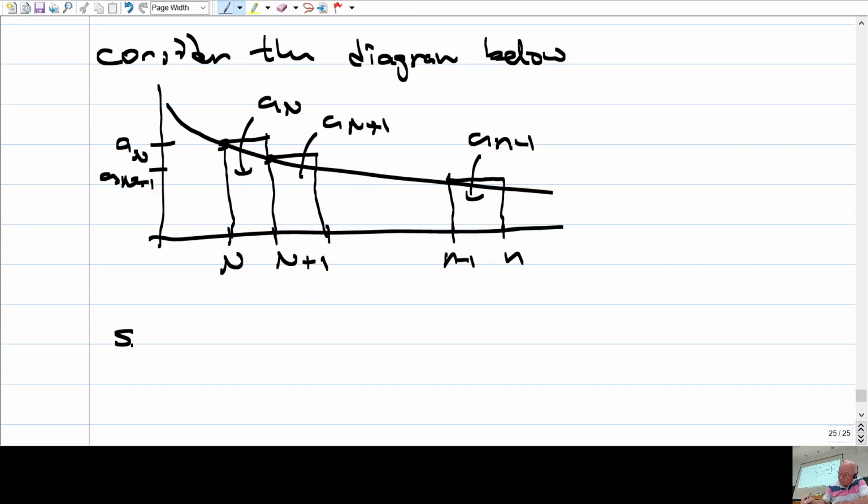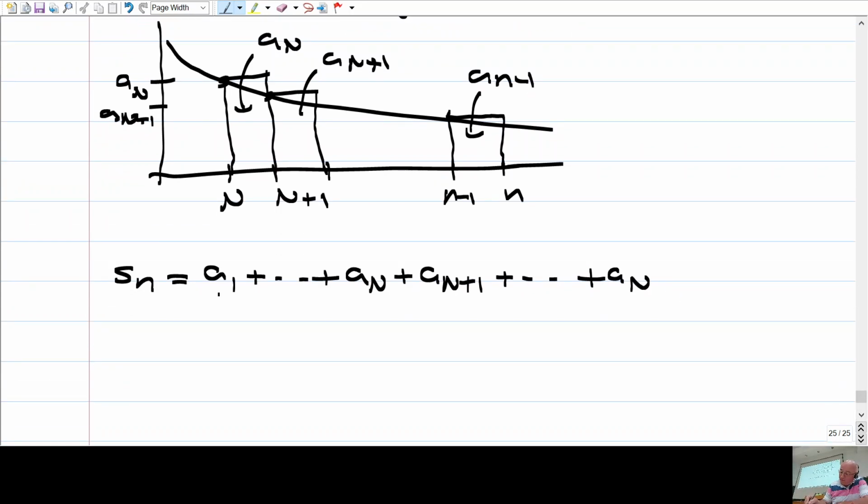So sn, which is just a1 up to, let's say, n plus 1 up to n. This is just sn. And then the sum of this, okay, maybe I include also this an here.